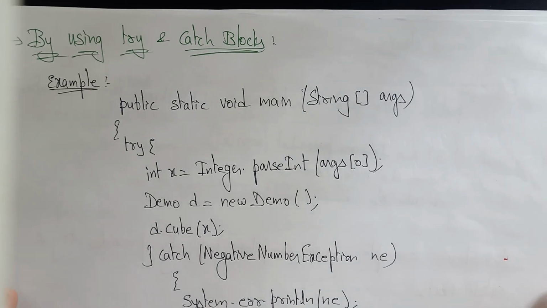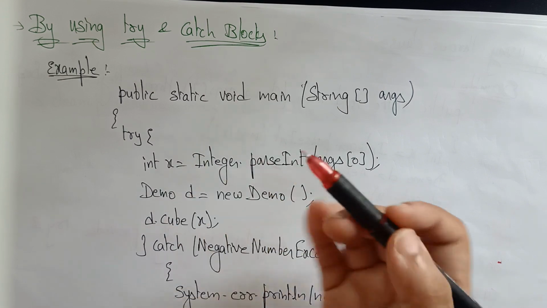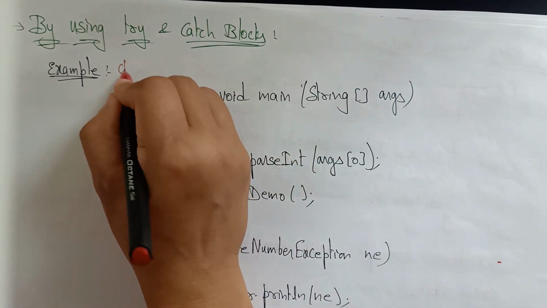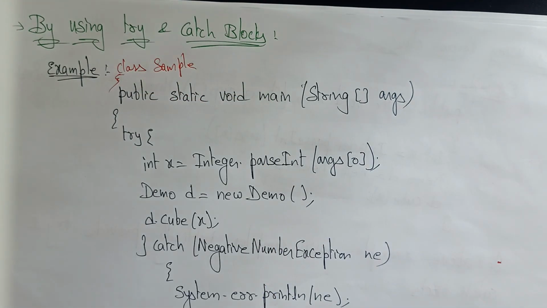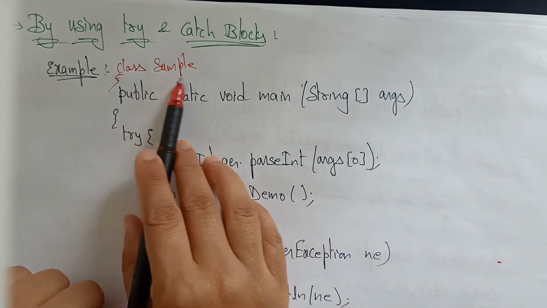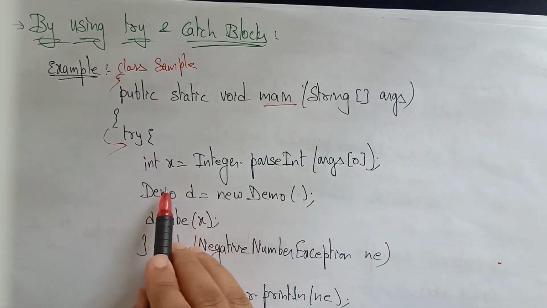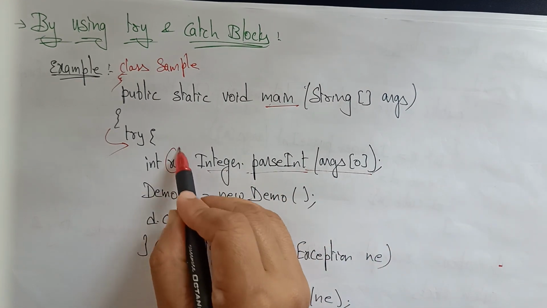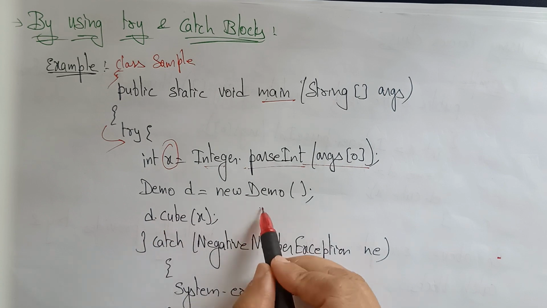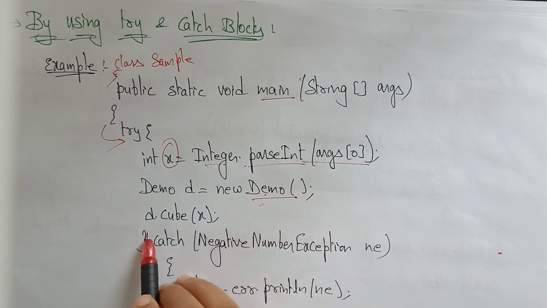Suppose the first type is using try and catch blocks. Here I didn't mention the class name, so you can take it as class Sample, just a code snippet I have written. Class Sample is loaded, the open brace is executed, and the main method is called. Now the try block: argument 0 is parsed using the Integer class, so x is holding the integer. An object is created, and to access the method we need the object reference.